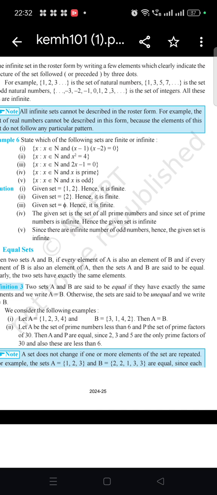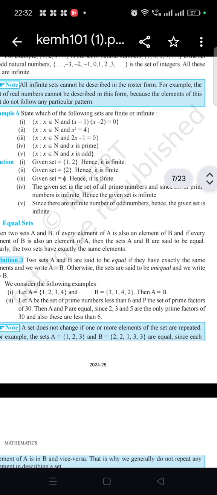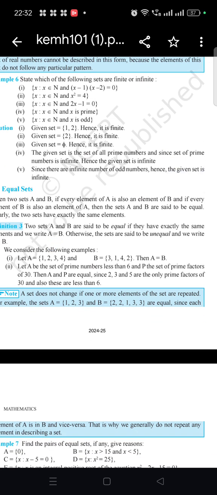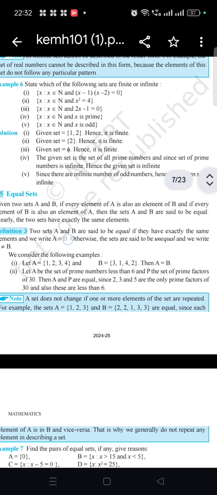Next, x is a natural number where x square is equal to 4. So x is equal to 2, the given set is {2}. So it is finite. And number 3, x belongs to natural numbers, 2x minus 1 is equal to 0. x is equal to half. So it is finite. Now next, x is a prime, infinite primes. Odd numbers, infinite. So here 4 and 5 are infinite.